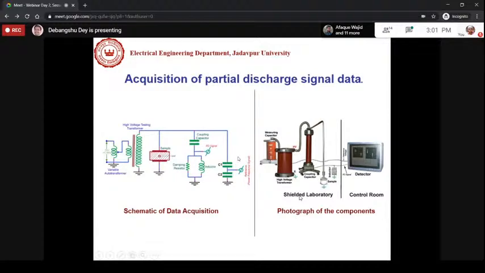That means the voltage is being applied to the sample, and if partial discharge occurs, say your supply is 50 hertz and your partial discharge signals are high frequency pulses, because discharge pulses are not continuous. Partial discharge means some intermittent burst of pulses, like impulses, will be generated, and some sort of sparking. Therefore, those high frequency signals will be tapped using this coupling capacitor and they will be recorded. Okay.